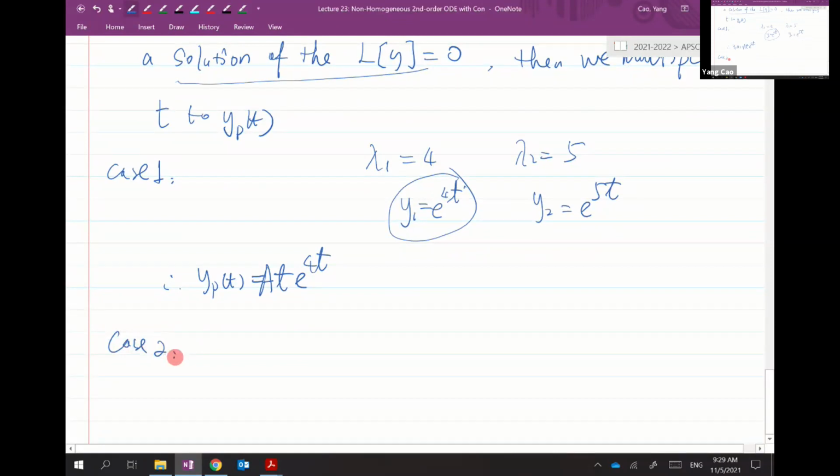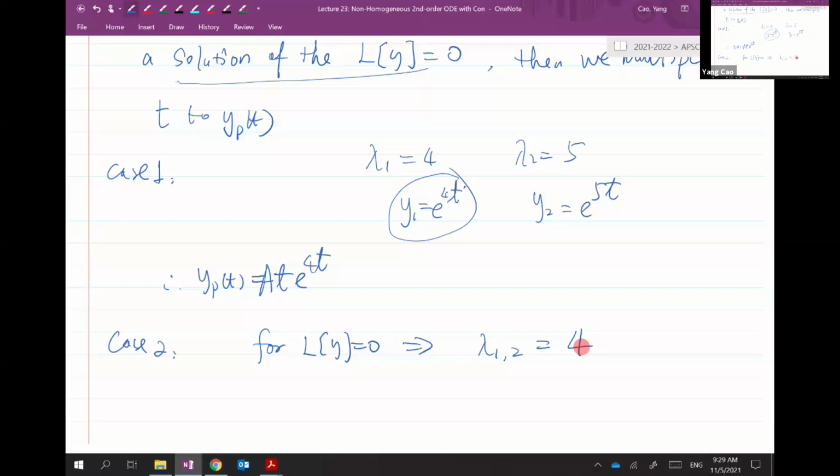What if, for the homogeneous one, you end up with, let's say, lambda 1, 2 equal to 4? Which is case number 2, and remember that case number 2 is called repeated roots, the roots repeated twice.